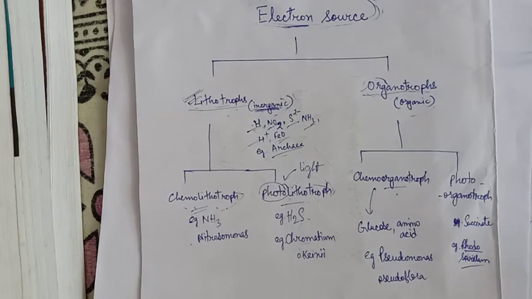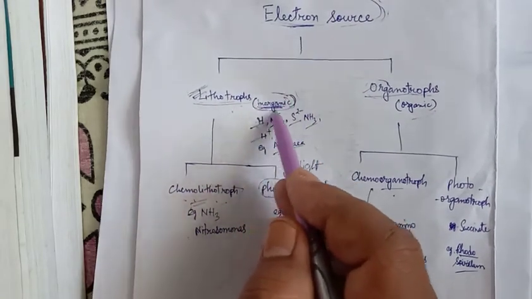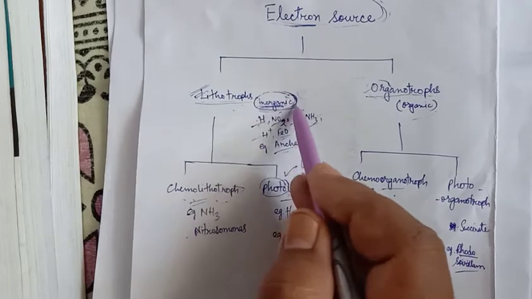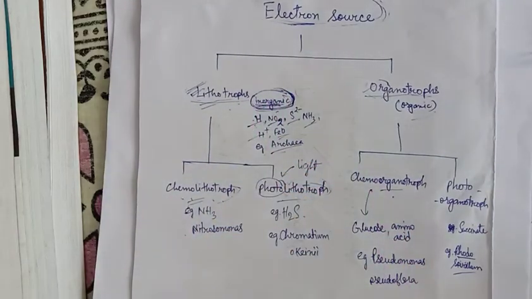Clear? The important term here is inorganic compounds. Litho means inorganic compounds. So lithotrophs are the organisms which can use reduced inorganic compounds as electron donors.